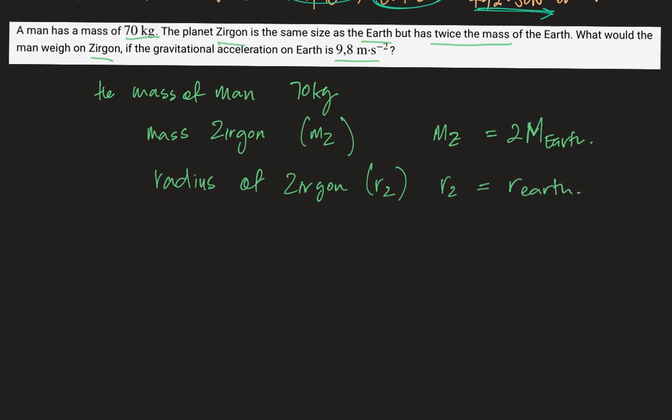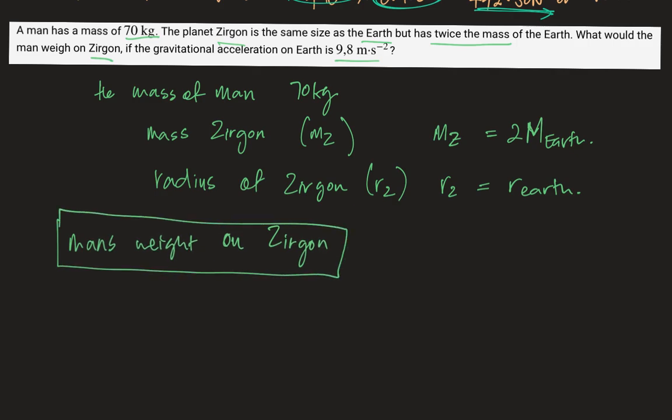The next thing we need to do is determine how to approach the problem. In the end, we want the man's weight on Zygon. That's the goal. We can do this by looking at information that we do know.